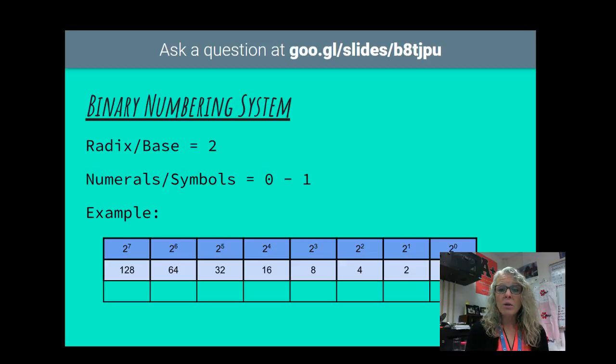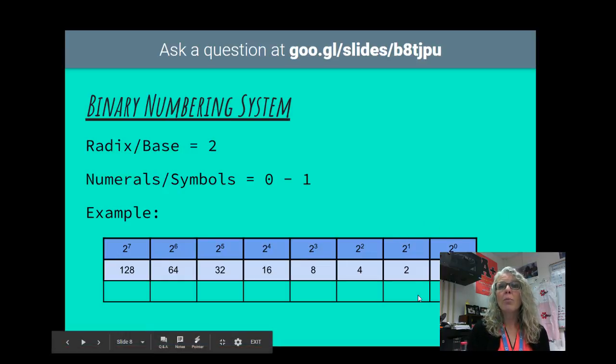And this numbering system that's important to us, at least in the networking and computation world, is the binary numbering system. And remember, binary is based on a radix, or a base of 2, and we only have 2 symbols, 0 and 1. And so the values of our columns, or our positions, are based on powers of 2.